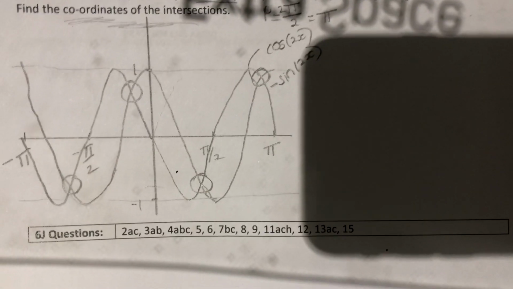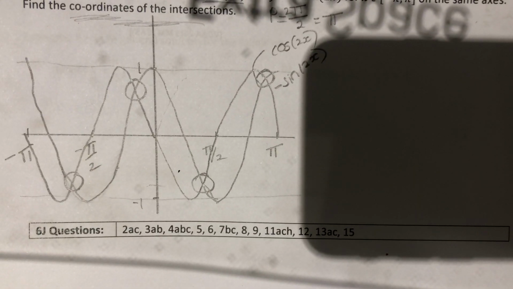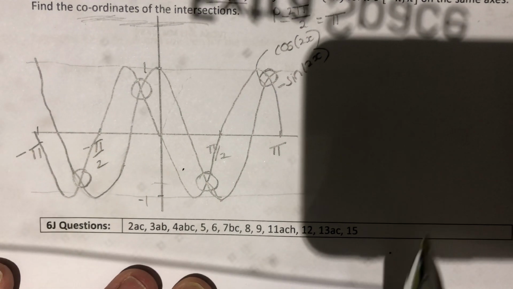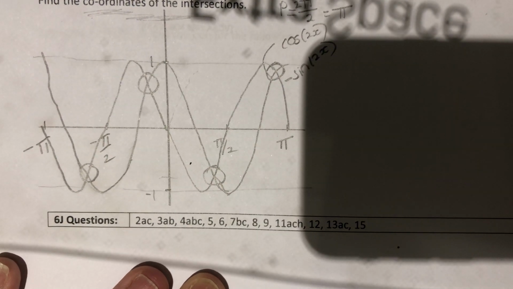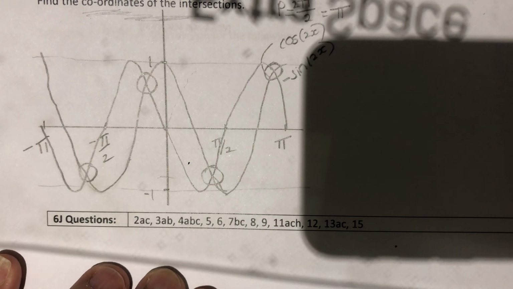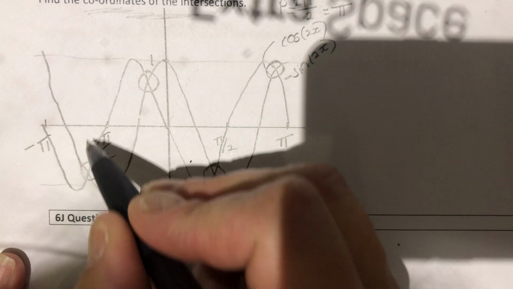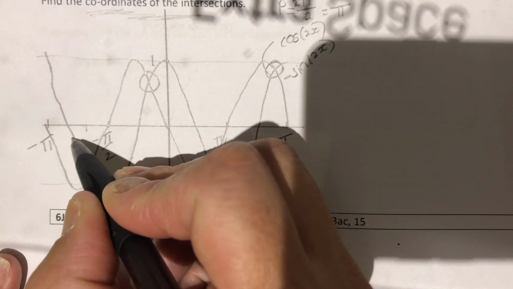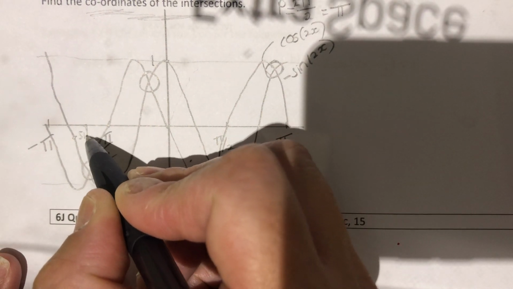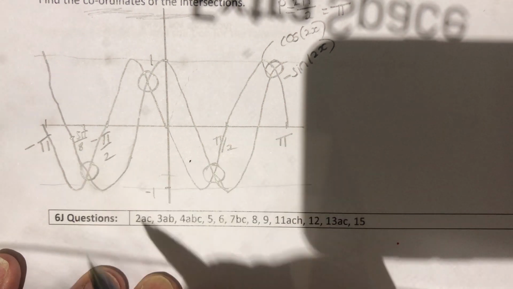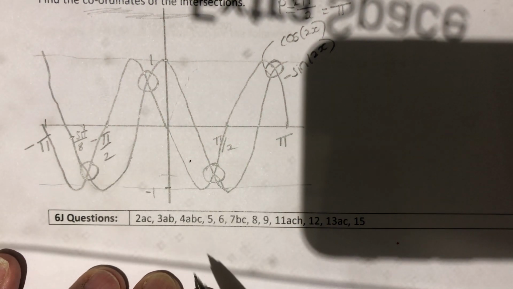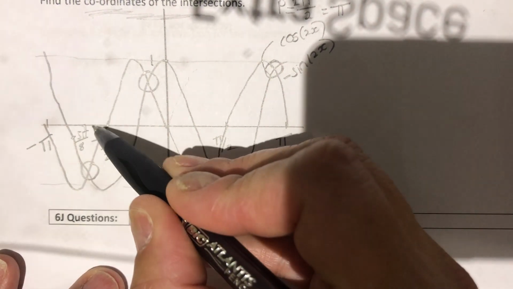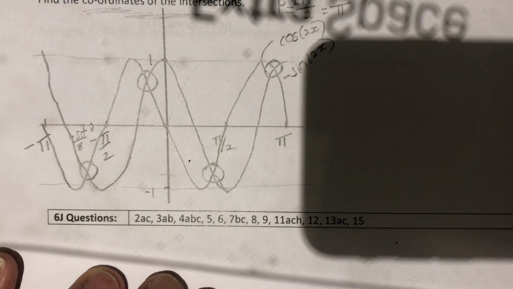The first x value that I have is negative 5 pi on 8. So if we come here and imagine what does that look like? Negative 5 pi on 8, which is a little bit less than negative pi on 2. It's about here. Yep, that looks reasonable.